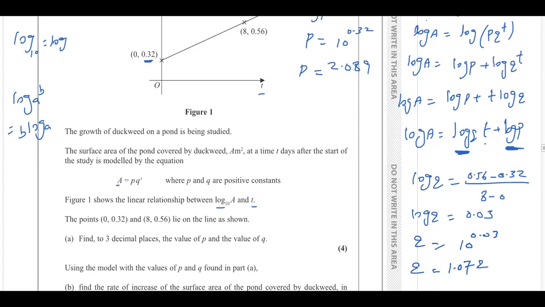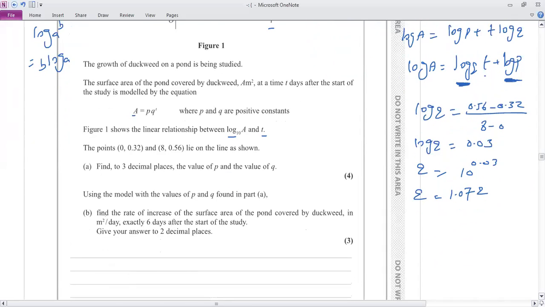Now, once we found the values of P and Q, what next we have to do, second. Now next is find the rate of increase of the surface area of the pond covered by the duckweed in meter square per day exactly 6 days after the start of the study. Now this is the equation for area.